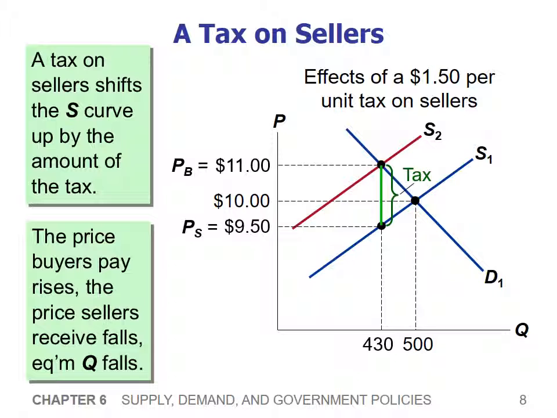The burden of the tax on buyers is $1. The burden of the tax on the sellers is 50 cents. So just like in the previous case, both buyers and sellers will be sharing in the burden of this tax, though in our example, buyers will still share most of the burden of this tax.